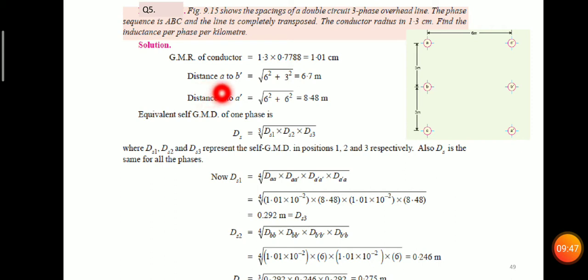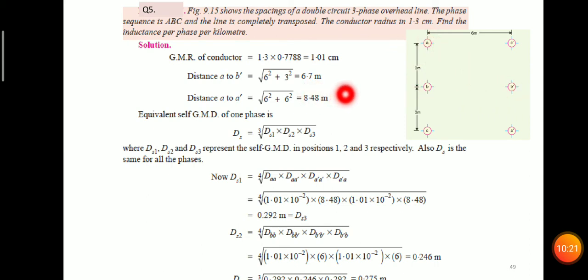First we consider the distance from conductor A to B dash. Here the distance is 3 meter and here it is 6 meter. So the A to B dash distance is the vector sum of 6 and 3: root of 6 square plus 3 square gives 6.7 meter, the diagonal distance.